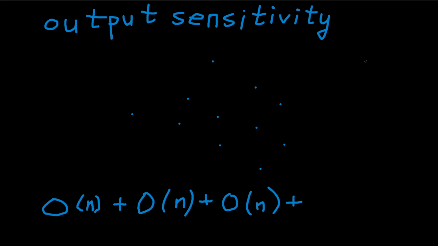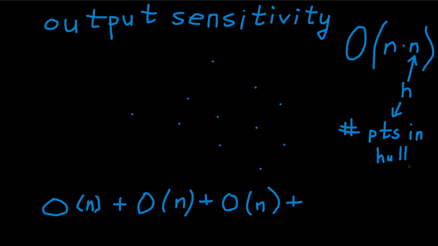output sensitivity. And what output sensitivity means is that maybe this big O bound, one of these values, can be replaced by something involving the output. And in this case, we're going to use h to represent the number of points in the convex hull. And of course, h is upper bounded by n, but it's not always equal to n.